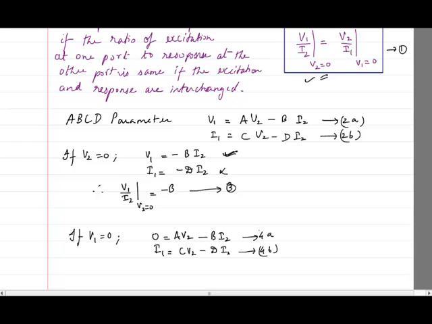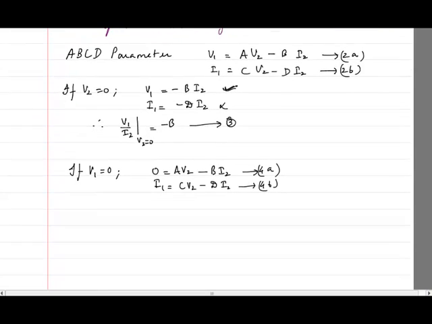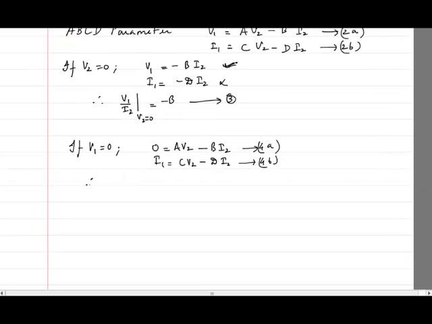Now see here, for the right hand side we have made V1 equal to 0. Now I want only V2 and I1, because those are the two values. So I want to avoid I2 here. To avoid I2, I want to write I2 only in terms of V2 and I1. So from 4B, I will get the value of I2.